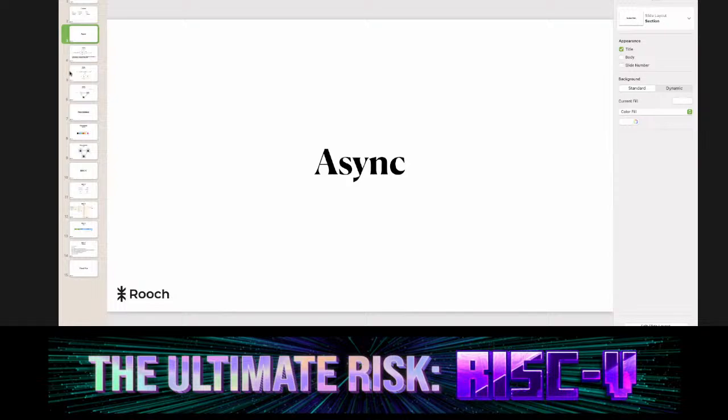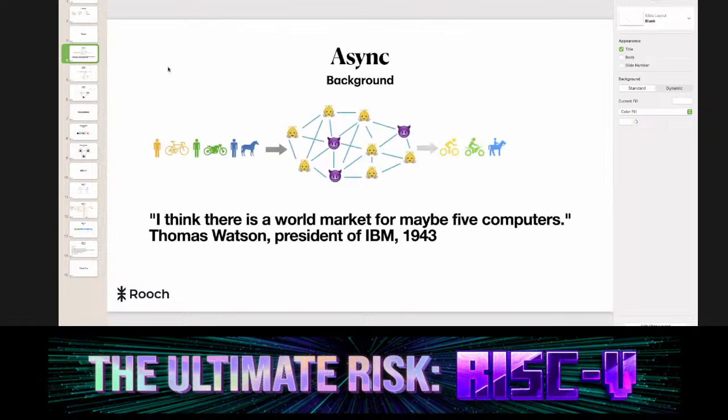The first topic, I think, is why it's an issue and why we need a layer 2 solution. About 18 years ago, the most powerful man in the computer world in that age, the president of IBM, he thought maybe we only need 5 computers, and that's funny because in each blockchain world we only have 1 computer.